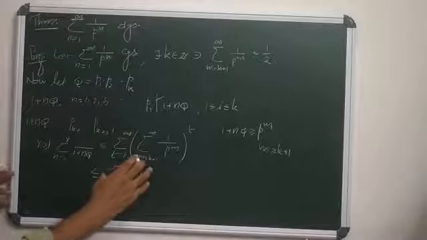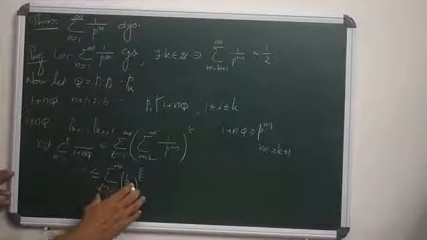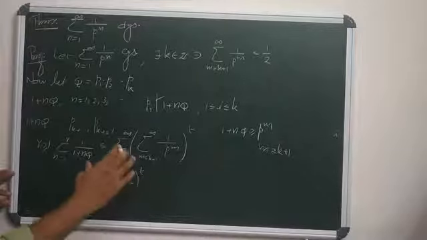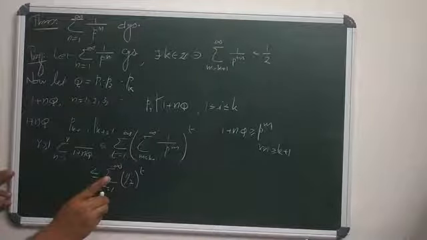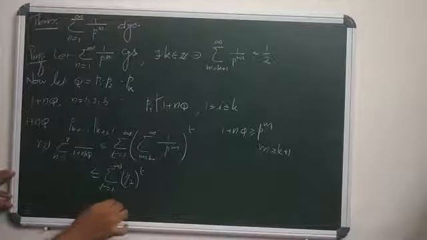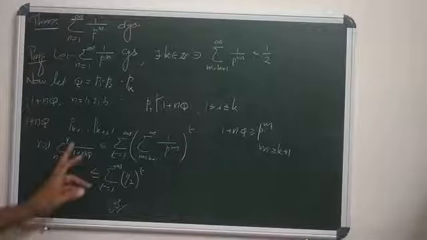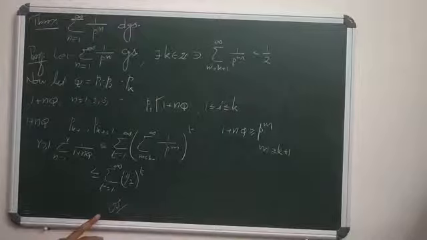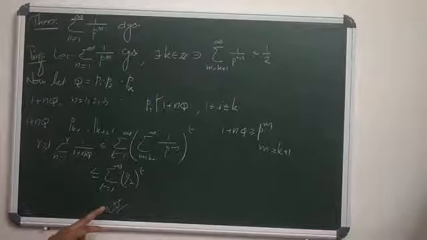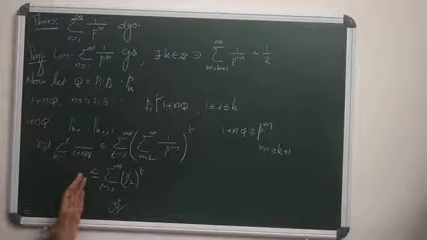Sigma t ranges from 1 to infinity, 1 by 2 all power t is nothing but a geometric series having common ratio 1 by 2 less than 1, therefore it converges. Then sigma n ranges from 1 to r, 1 by 1 plus NQ has a partial sum that is bounded, hence it is convergent.